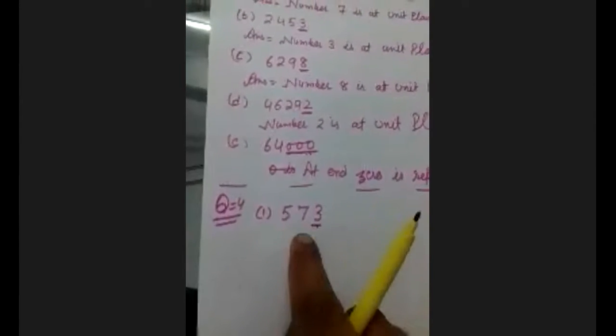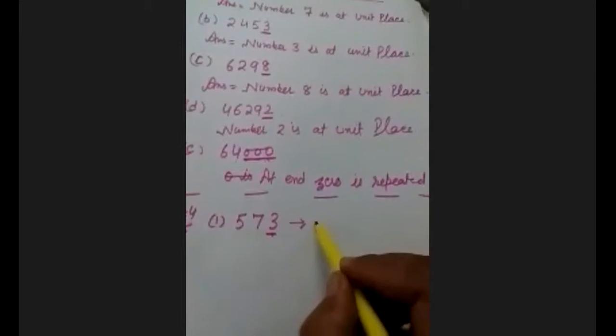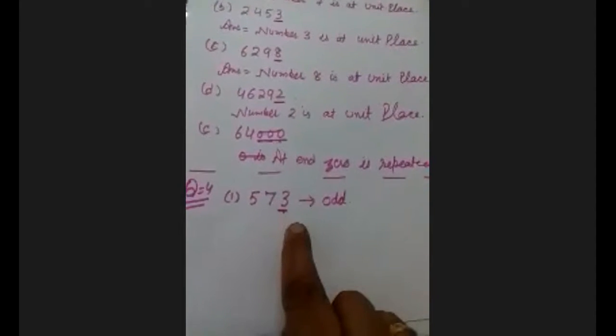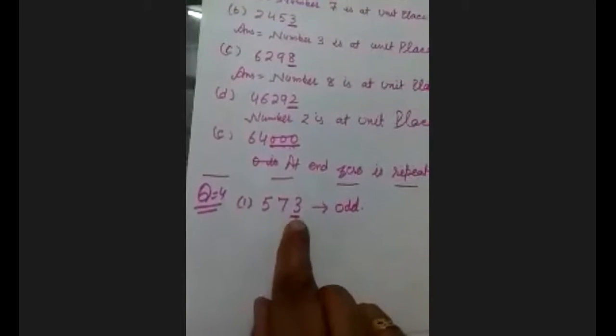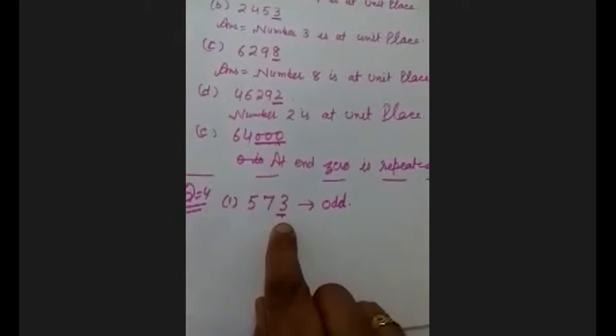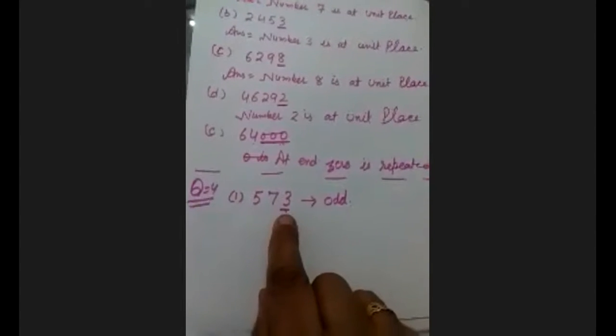It means 573 is an odd number. So it's the square of an odd number because 573 is an odd number. Now give reason. The reason is 3 is at unit place. Our number is an odd number.